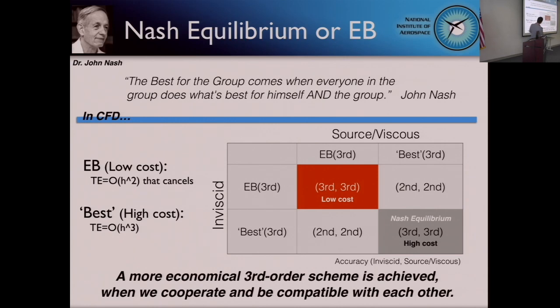So you end up with this third-order scheme. Yes, you achieve third-order, but with high cost. And as Nash pointed out, here is an optimal or better outcome for the group. So the important implication I learned from this study is that a more economical third-order scheme can be achieved when we cooperate and be compatible with each other.